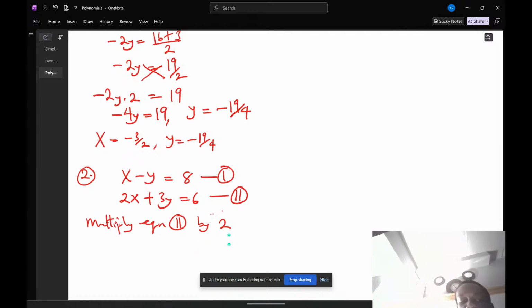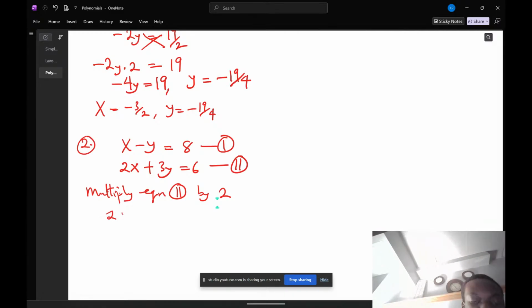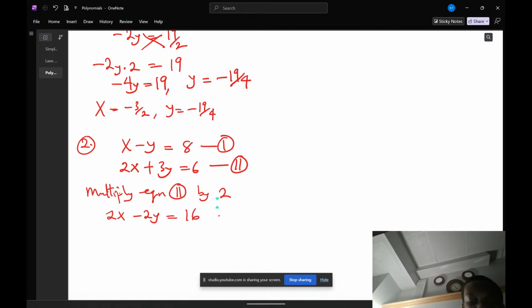If we multiply equation 2 by 2, then we'll be able to get 2x. So now let's multiply equation 2 by 2. So that will be 2x minus 2y is equal to 16.